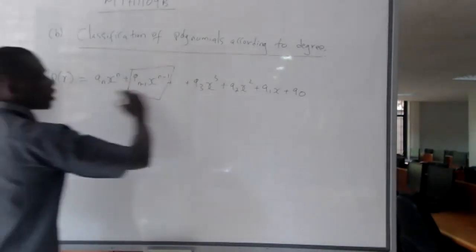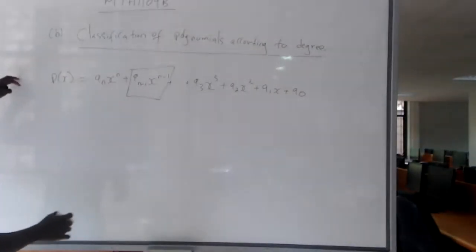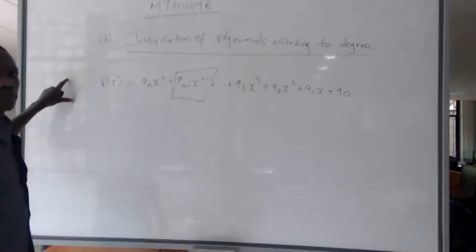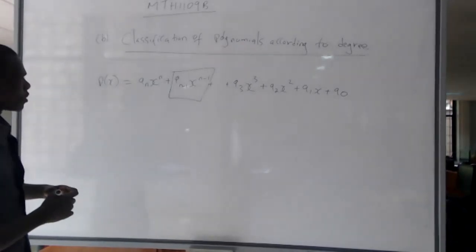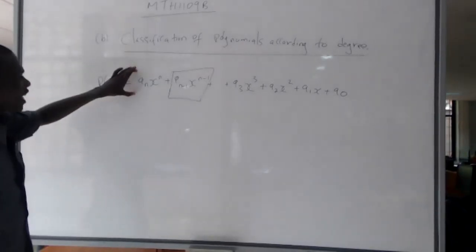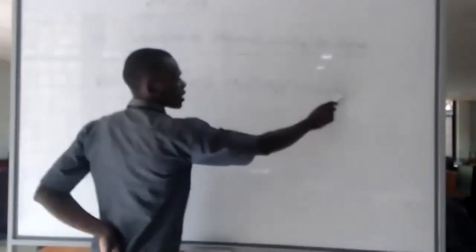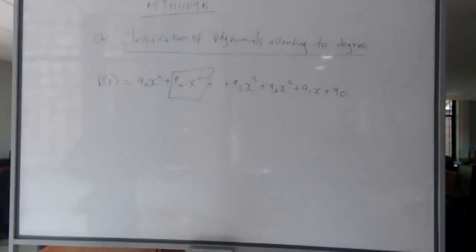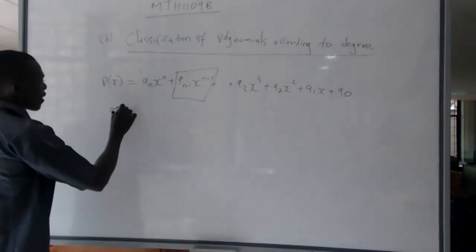But if you take the whole expression as it is, it's a polynomial with n plus 1 terms. So this will be an n plus 1 term polynomial. No. This will be an n plus 1 term. If you count them, 1, 2, and then there is this n, so it will be n plus 1. Yes. For example, let n be 5.